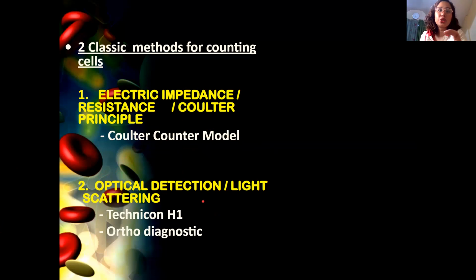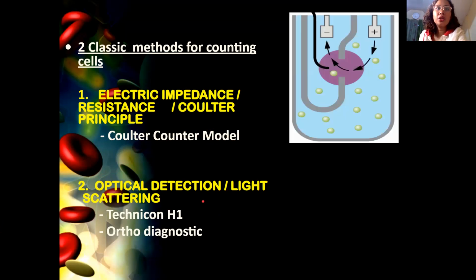So optical detection or light scattering. So for electric impedance, the principle is that we have this fluid wherein the electronic field, guys, pass through it. So may electricity yung solution na to. And there's just consistent electrical flow that pass through it.